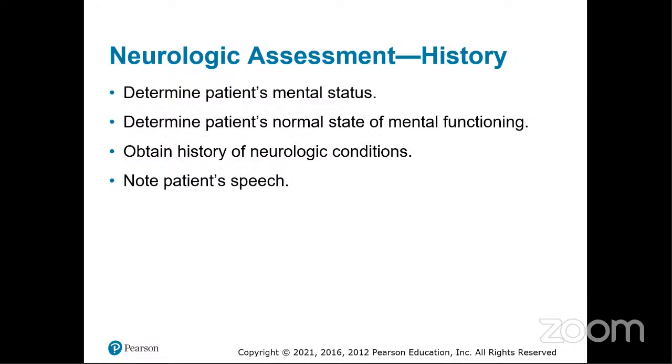Obtain a history of neurological conditions. That's the same thing like we said, do they have a history of some mental condition, something like that? And then note the patient's speech. There are some people that would listen to these lectures and wonder if I have some neurological disorder in my speech. So same thing, you're just going to have to find out if that's normal.